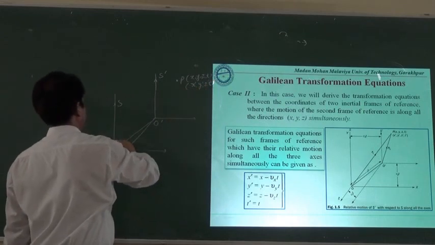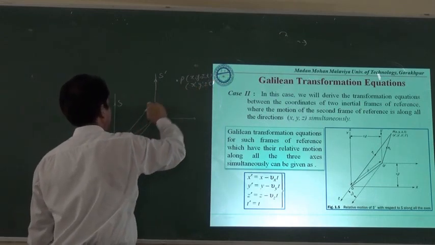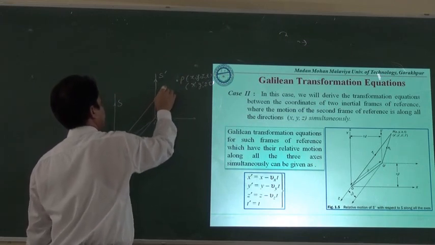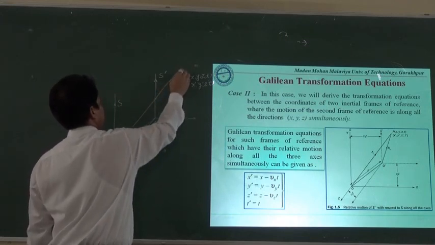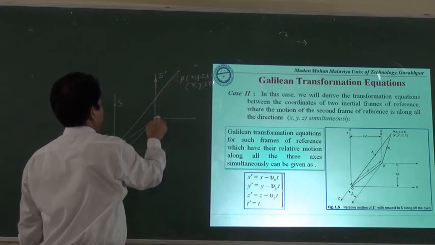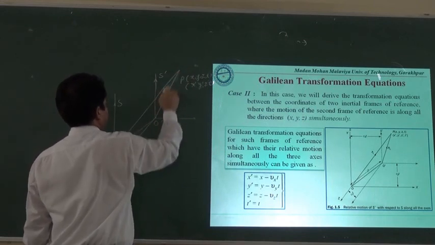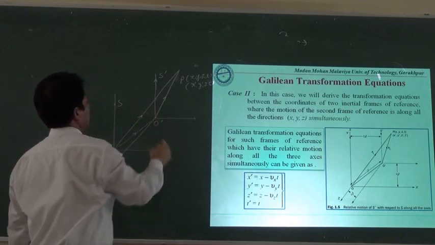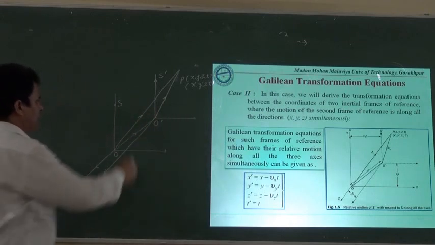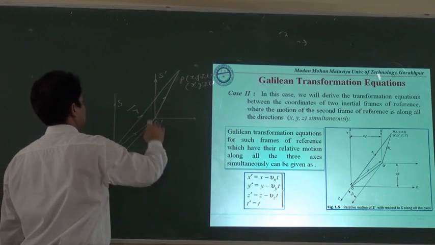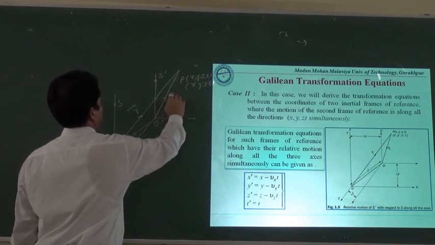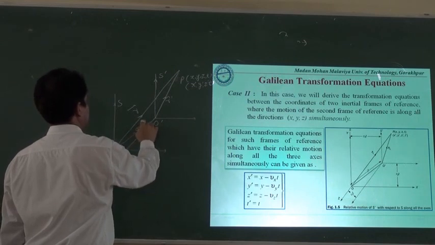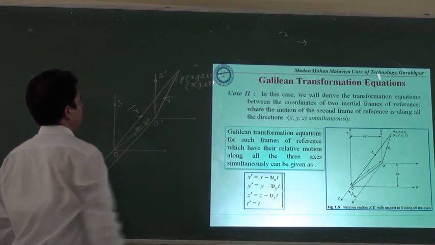In order to have the relation between these coordinates, we complete this vector triangle, and we write this as R, this as R dash, and this O O dash is equal to VT only.